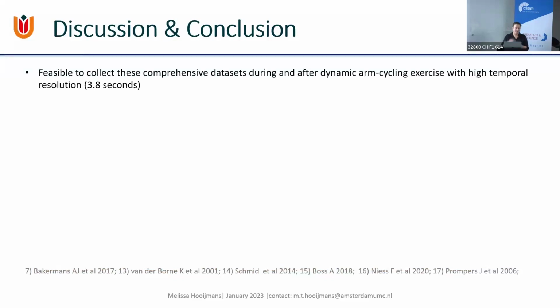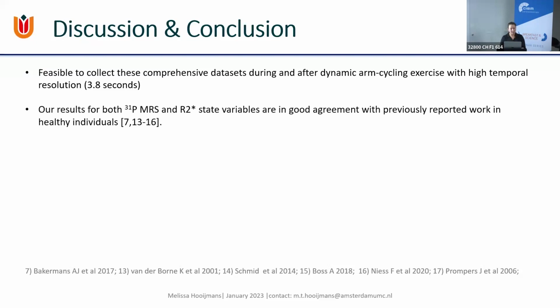So overall, with this platform, it was feasible to collect both phosphorus data as well as quantitative T2 star data during dynamic arm cycling exercise within the MR scanner. We reached a temporal resolution of 3.8 seconds, which was good enough to look at the dynamics of the phosphorus spectra and also the BOLD or the R2 star responses post-exercise.